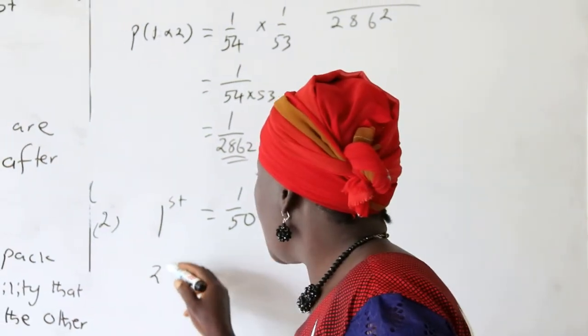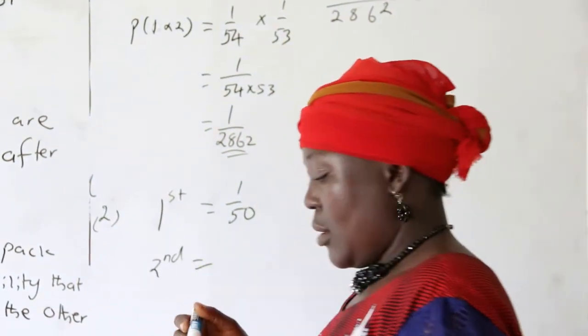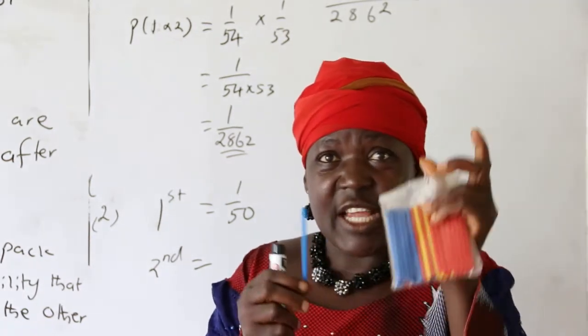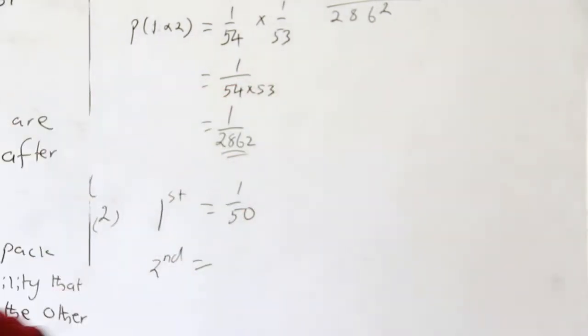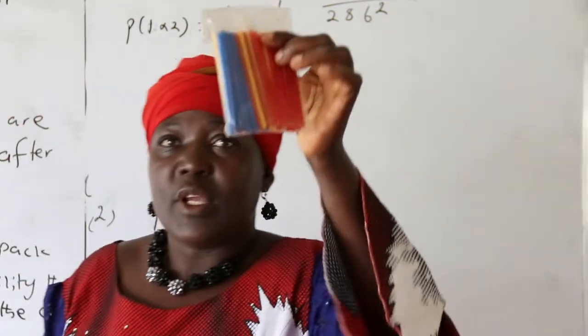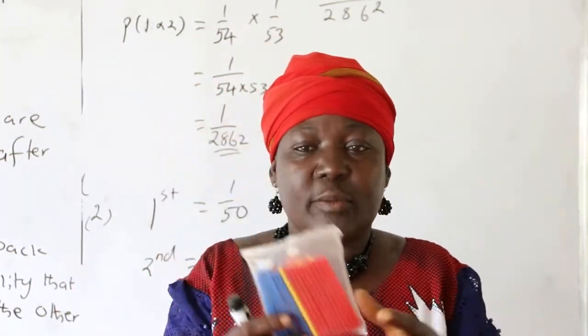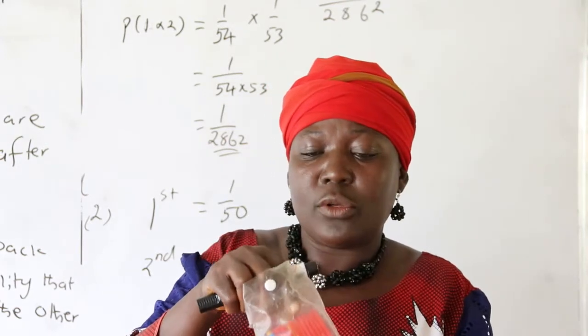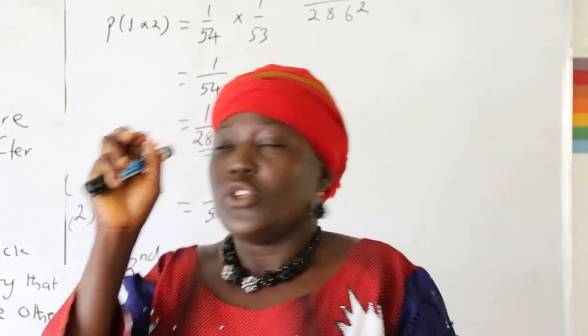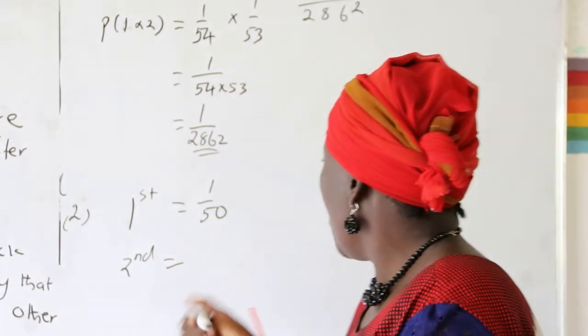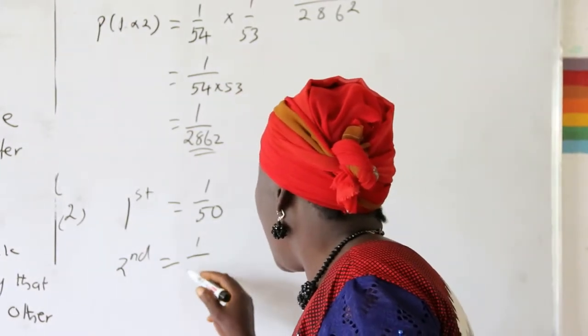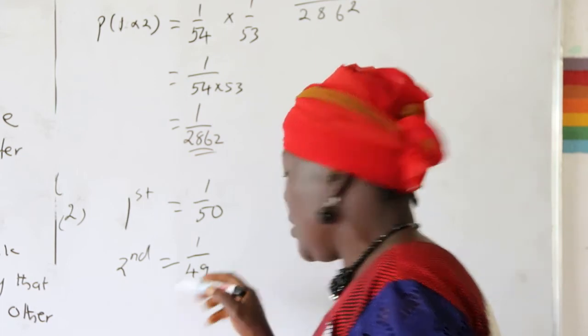My second picking, I will not return it back inside the pack. So it means that I'm left with 49 sticks inside the pack. I will now pick my second stick. So my second stick will be 1 over 49.